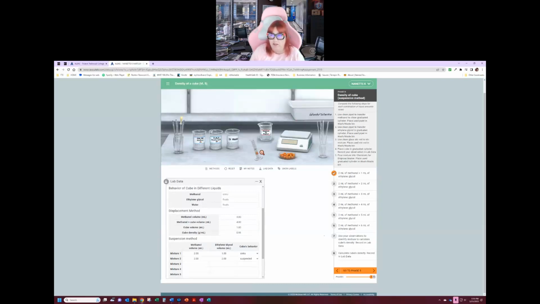So I'm going to dump this in here, and start all over again. 2 milliliters of methanol. I can verify that is exactly 2. 4 milliliters of the ethylene glycol. 1, 2, 3, 4.